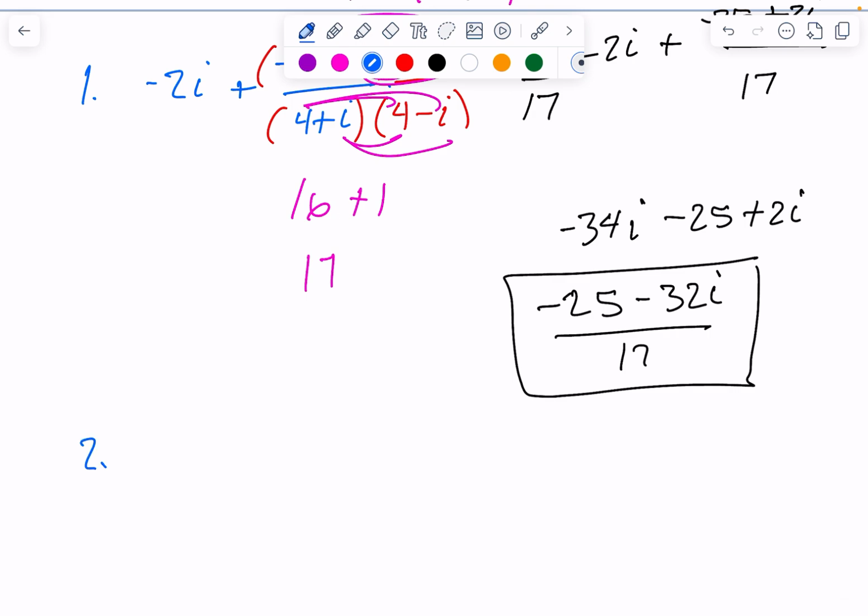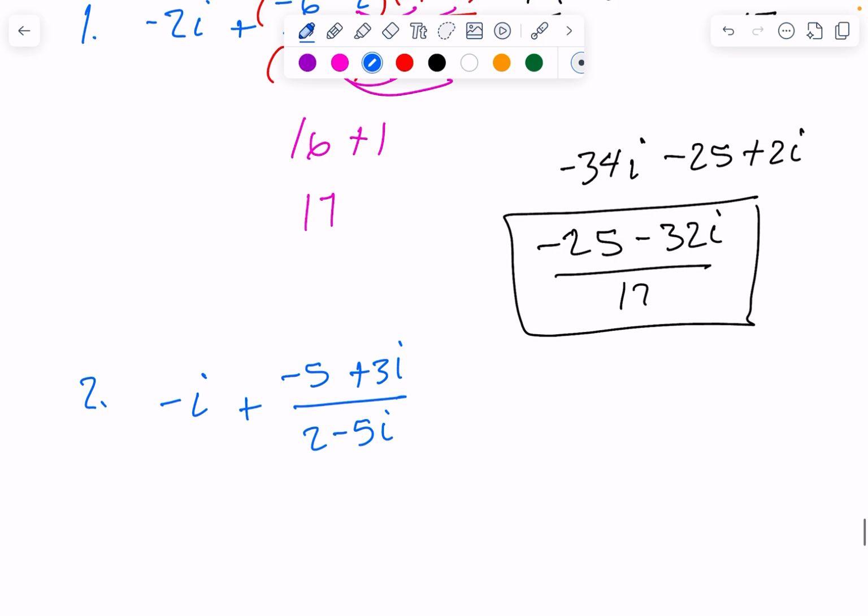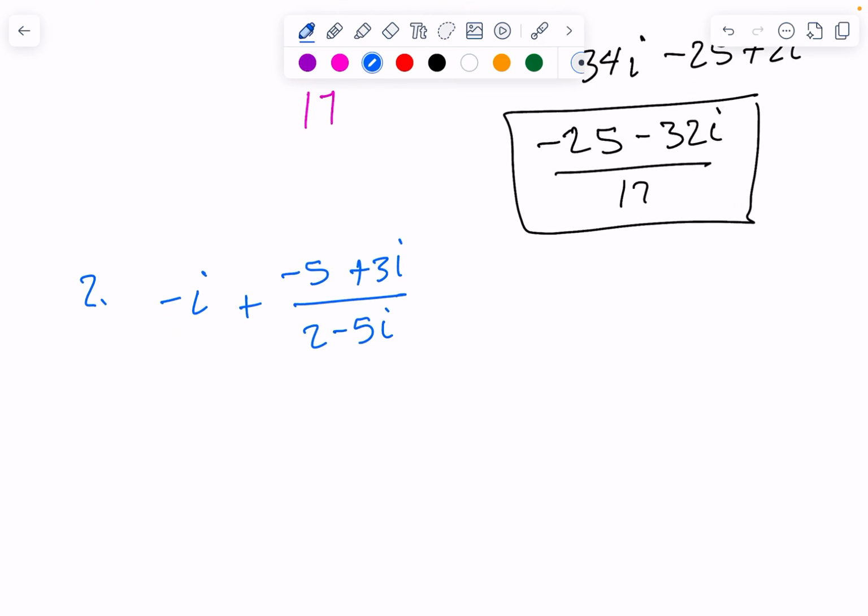Number 2 is his famous last words, right? -i plus, this is number 2, (-5 plus 3i) over (2 minus 5i). Let's do the conjugate first.